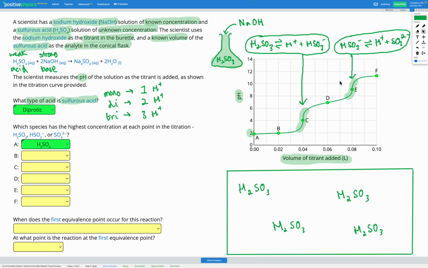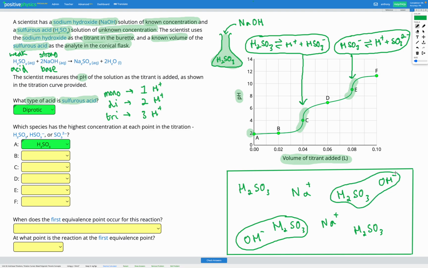Next, we start adding some NaOH. That is a strong base, so it's going to split up into its ions. And then what's going to happen here is that the OH minus is going to react with the H2SO3 to form H2O and HSO3 minus.